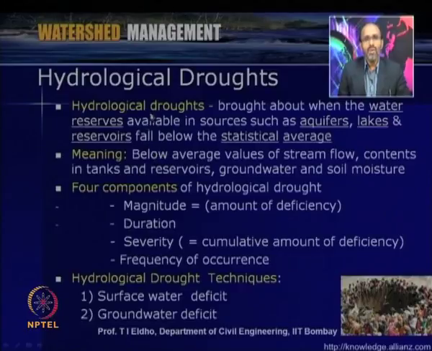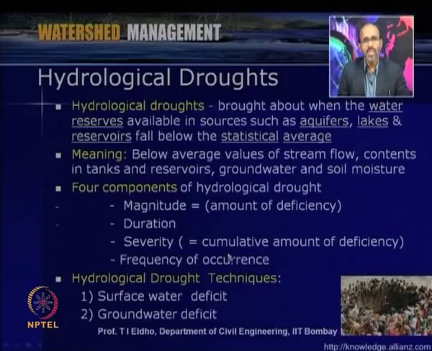So when we look into hydrological droughts, we can say there are 4 components. First, the magnitude: how much is the deficiency with respect to the statistical average in the reservoirs or other storage systems. Then the duration, whether it is 6 months or 3 months. Then the severity, the cumulative amount of deficiency.